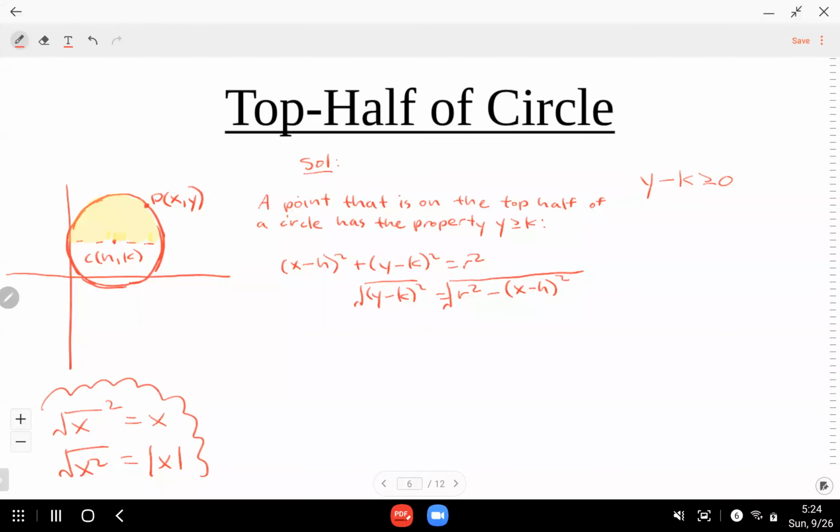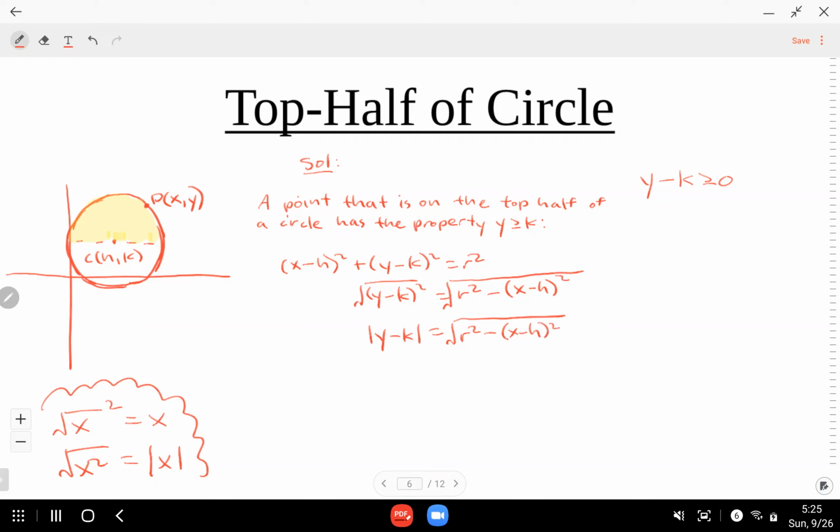So with that in mind, we can say that the absolute value of y − k equals the square root of r squared minus (x − h) squared. That is what we can say about this.